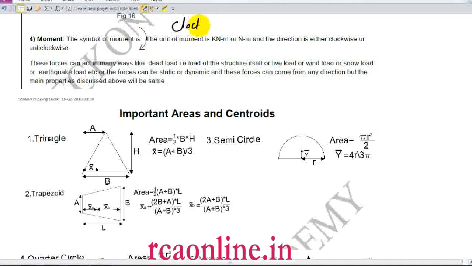My sign convention will be clockwise positive and anti-clockwise negative.